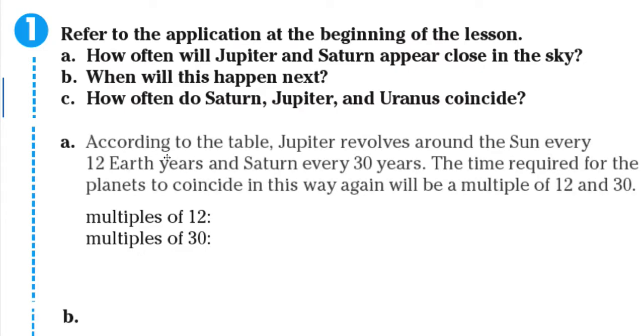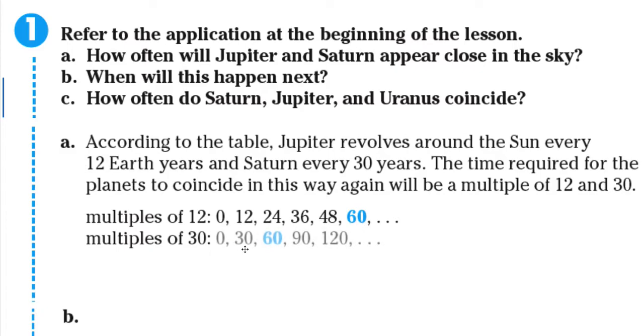Let's take a look at letter A. According to the table, Jupiter revolves around the Sun every 12 Earth years and Saturn every 30 Earth years. The time required for the planets to coincide in this way again will be a multiple of 12 and 30. So this is an LCM problem. Let's list the multiples of 12, starting with 0: 0, 12, 24, 36, 48, and 60.